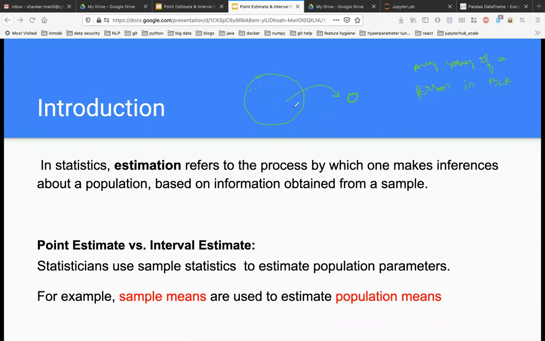But instead of that, I'll use statistics, and I'll draw a sample which represents the population as much as possible. Then this sample will have a more or less close answer to the real answer.